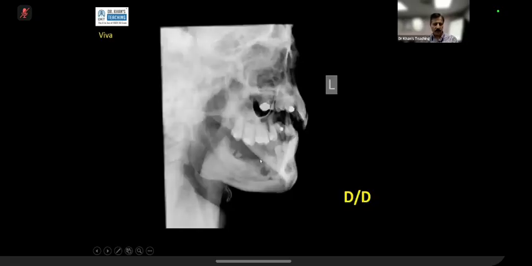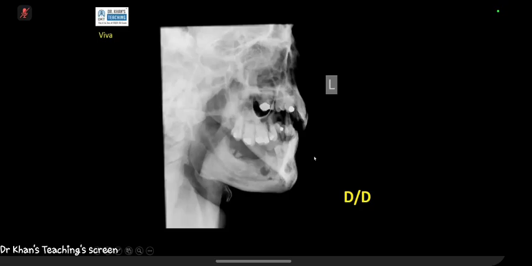Can you describe the findings here? This is the lateral radiograph of the head and neck. There is a unilocular non-expansile lucency around the apex of, I think, the tooth on the right side.